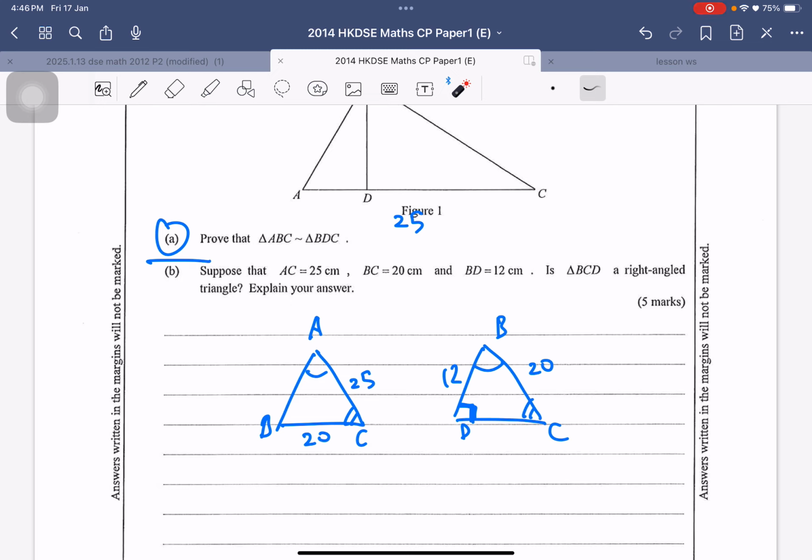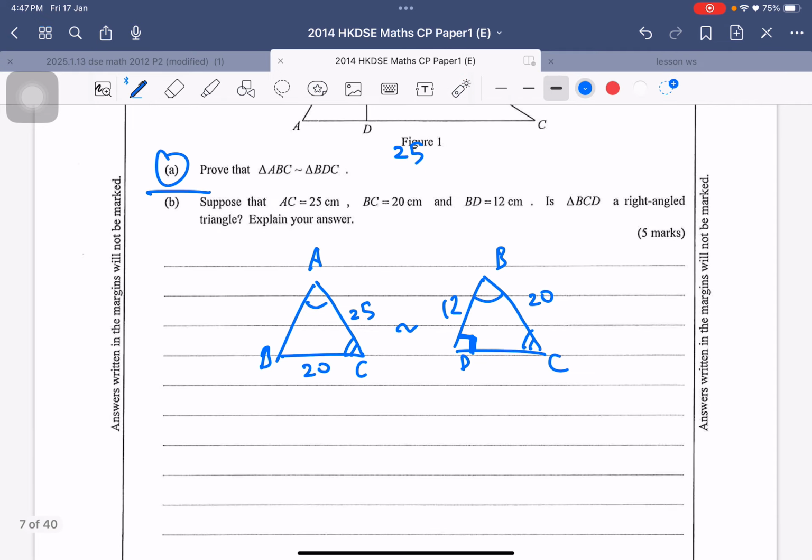Yes. Because these two are similar triangles, isn't it? Ria, are they similar? Yes, they are similar. When we have two similar triangles, then we can say the length ratio is going to be the same. So the ratio between AC and BC is equal to BC and DC, isn't it?